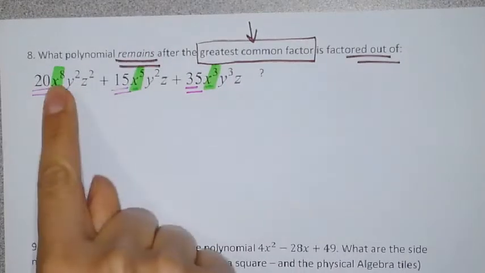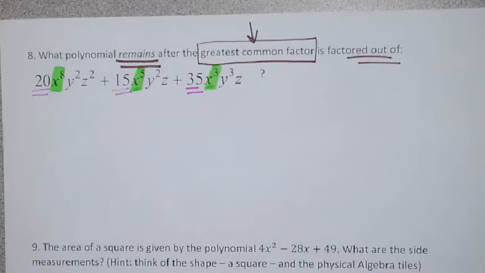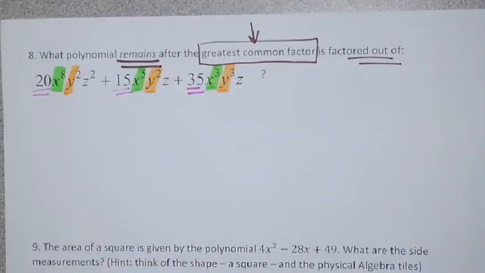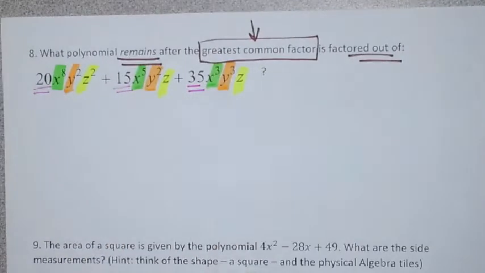If the variable is in all three terms, that means that I can factor that variable out of all three terms. If it's not in all the terms, then we cannot factor it out. The y is also in all three terms, so I can factor some y's out. The z's are also in all three of them, so I can factor that out.